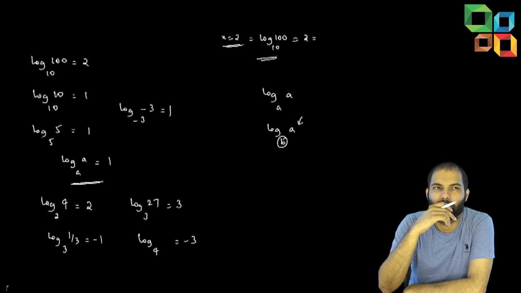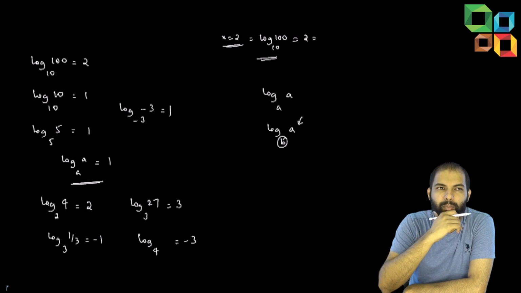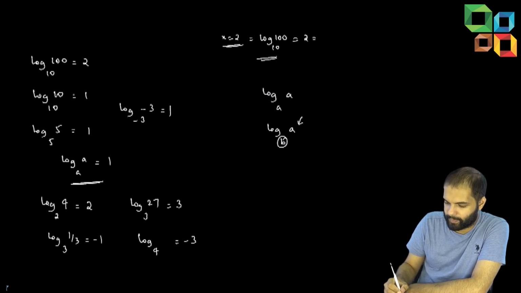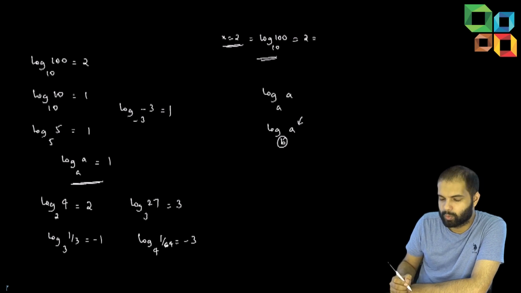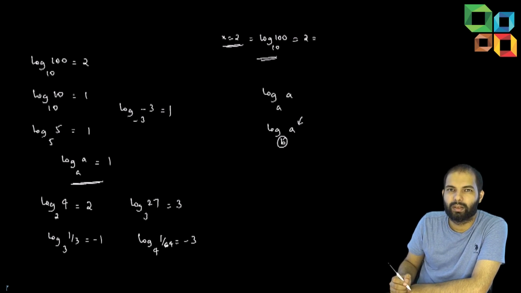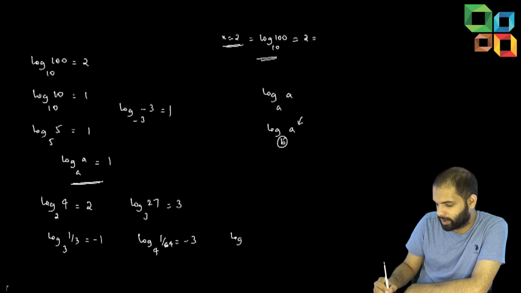Reciprocal of 4 cube, 1 by 64. So I think many of you figured it out. It's 1 by 64. Some people are saying 1 by 4 cube. Yeah, both are one and the same. So base 4. This is the same.